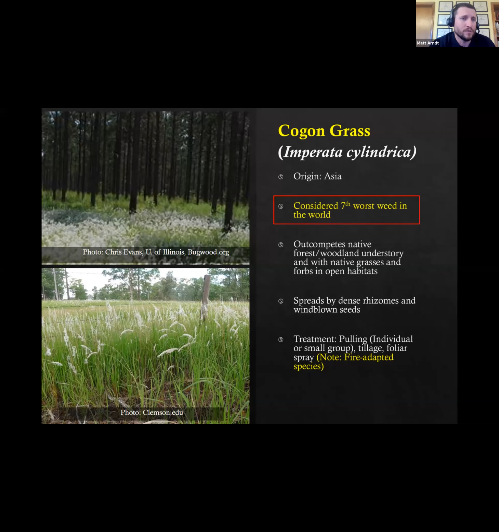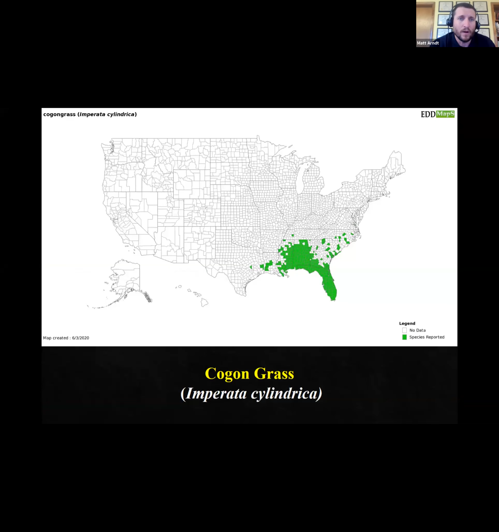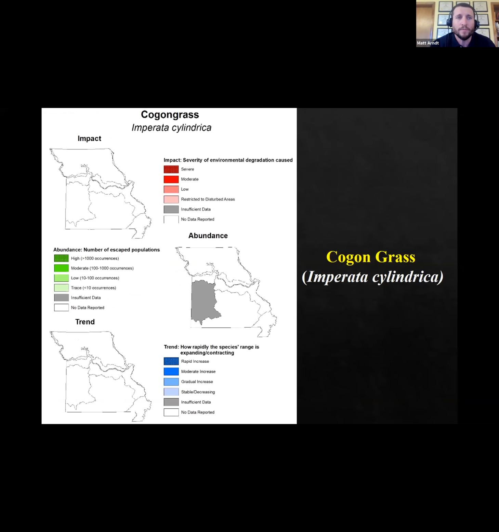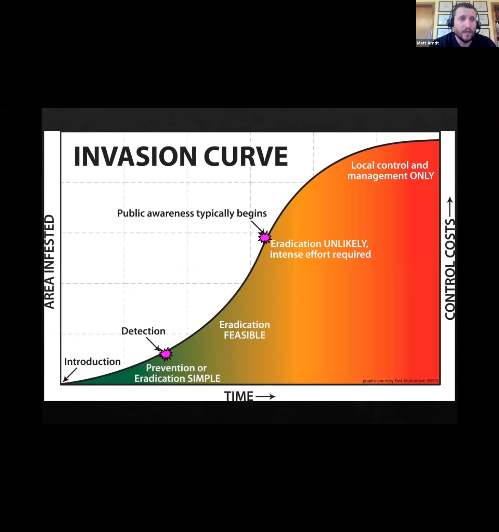So that's one that we certainly want to be very well aware of, and do not want to allow that species to expand up the river systems and expand up into the Boot Heel and Ozarks and beyond. And again, as you can see, there's just not a lot of data in Missouri.